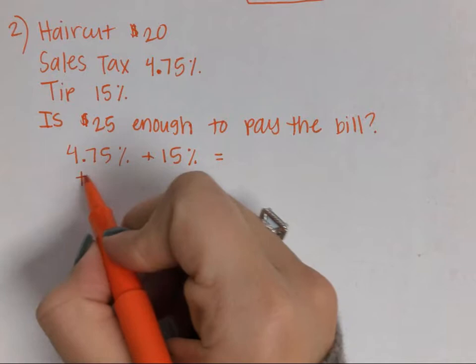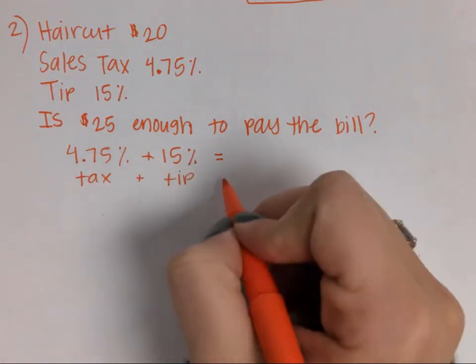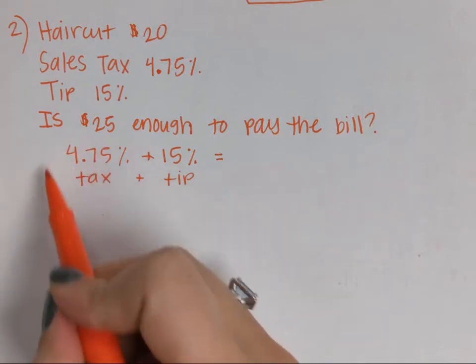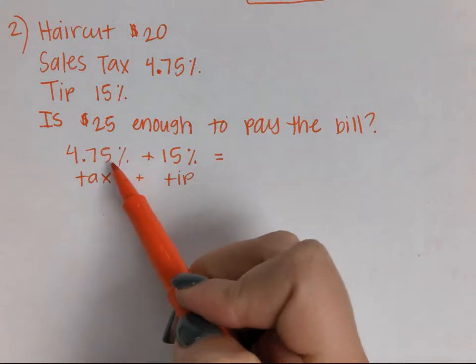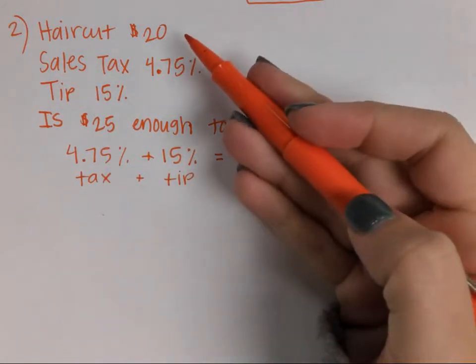Remember, this is my tax and this is my tip. I'm not adding it as a percent. I'm just adding those two numbers together, 4.75 and 15. So I have a total percentage that I'm going to take of that bill.